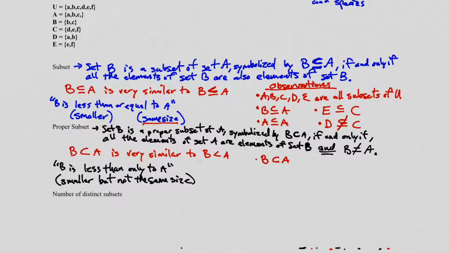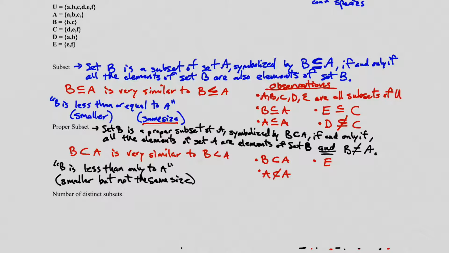So if we go to our second observation from the previous example, A is not, hold on a second, a proper subset of A. Okay, because A is not less than A. A equals A. So you cannot use this symbol, but you can use the other symbol because the other symbol has the equal sign under. Okay.